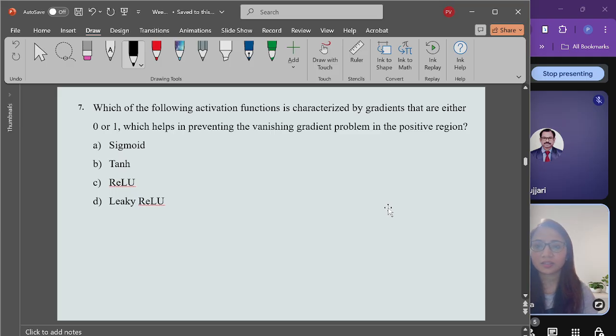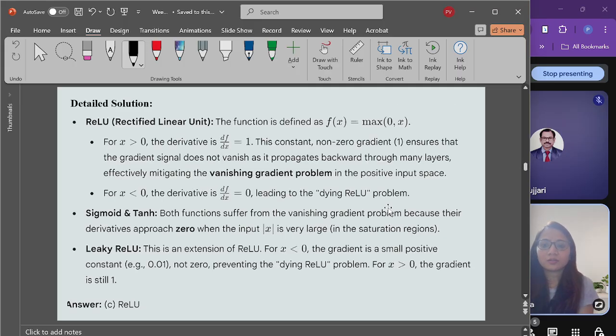Okay, so let's see the explanation of this question. The explanation is the ReLU function, also known as the rectified linear unit. The rectified linear unit is defined by the function f(x) = max(0, x), and for x greater than 0 the derivative df/dx is 1.